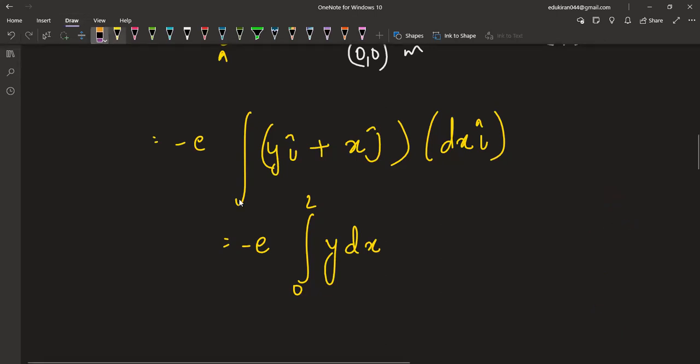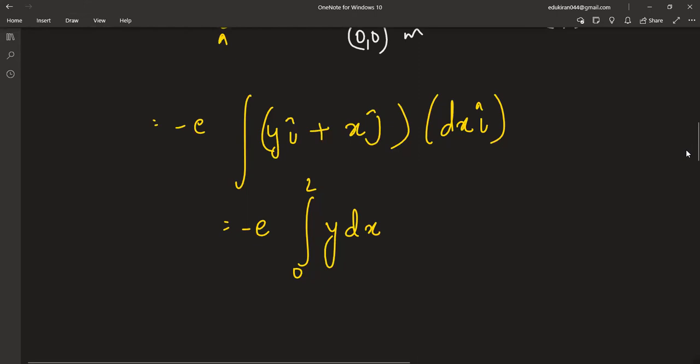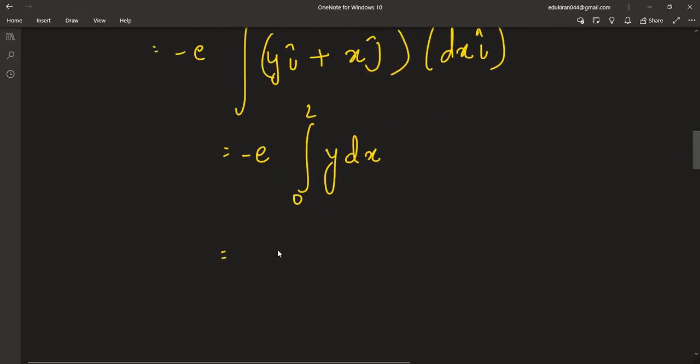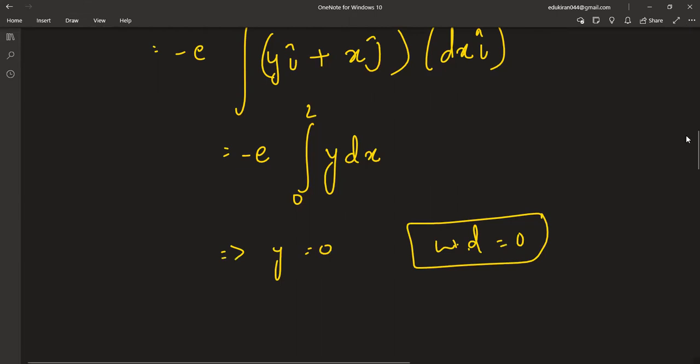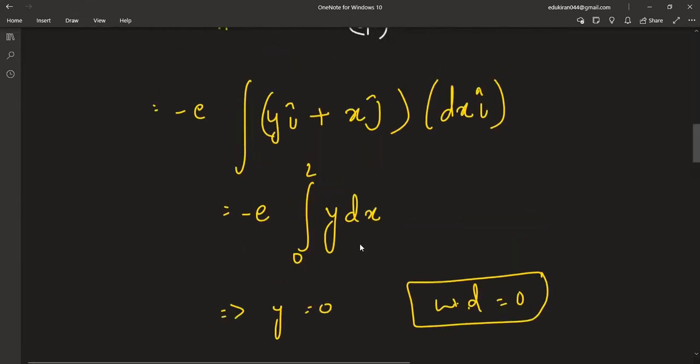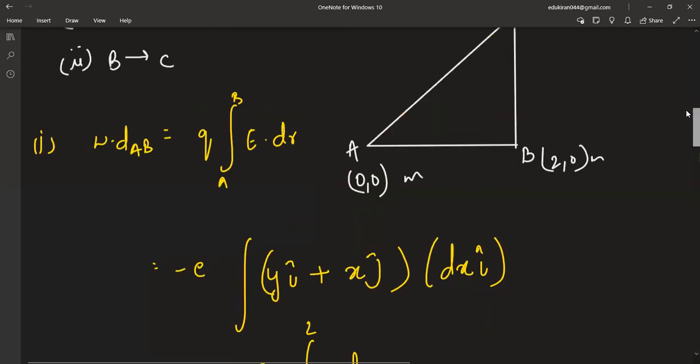When you have y dx, or x dy, such types of variables left, it means y is 0. And if y is 0, the entire term becomes 0. So work done in the first part is actually 0. In your options, whatever value you obtain when you solve, that will also be present in the option. This is how we solve the first part.